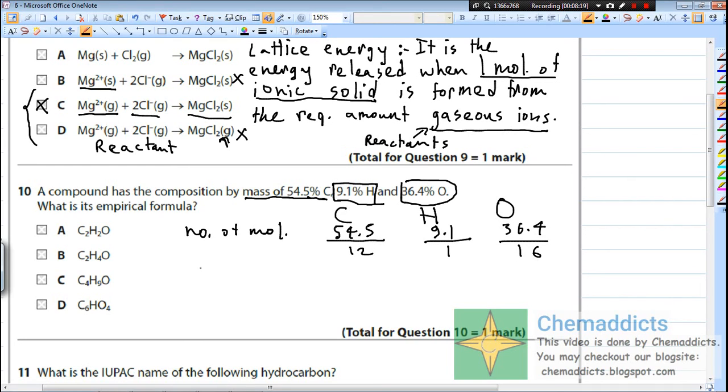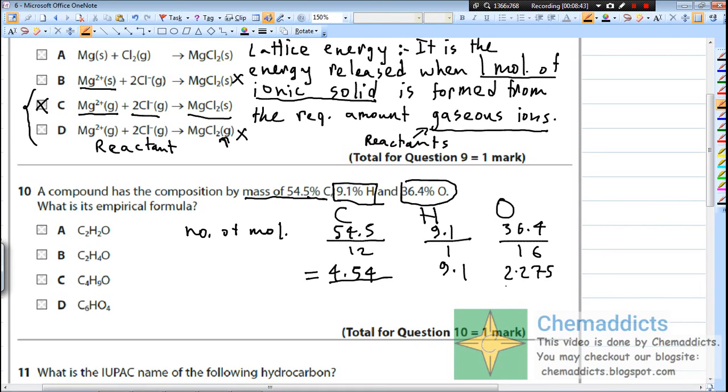So if we calculate, we're going to end up getting 4.54, 9.1, 2.275. If we divide these by the smallest one, then we are going to get the actual ratio.